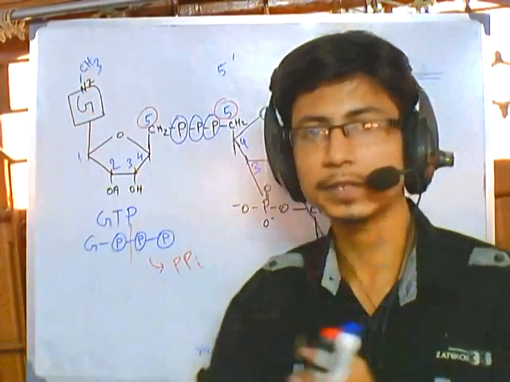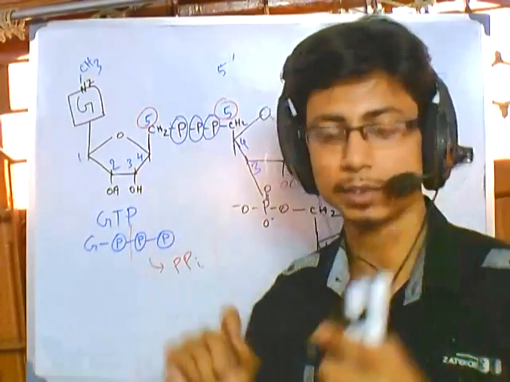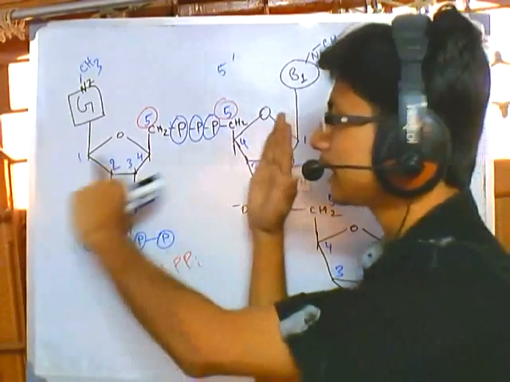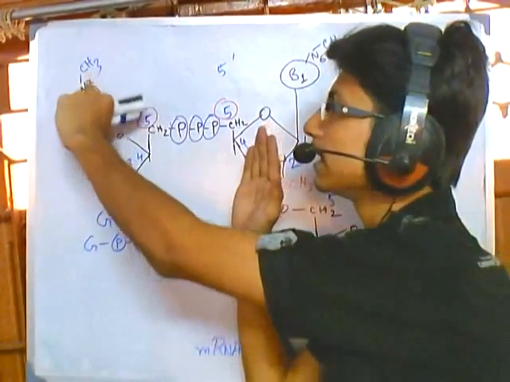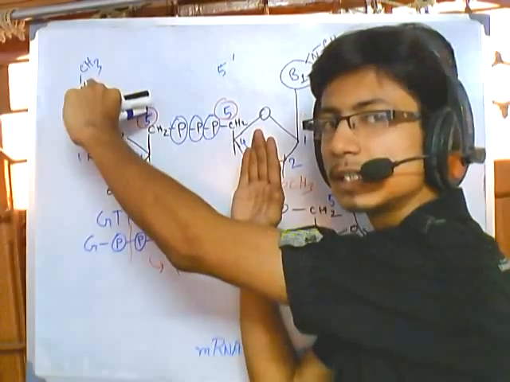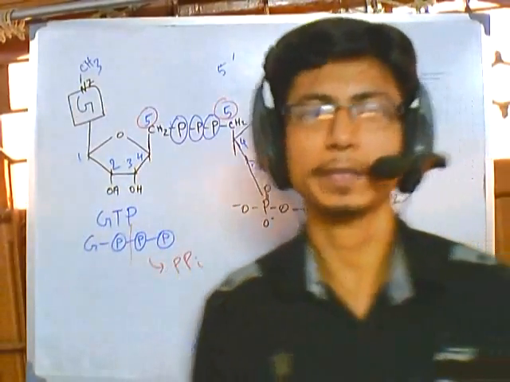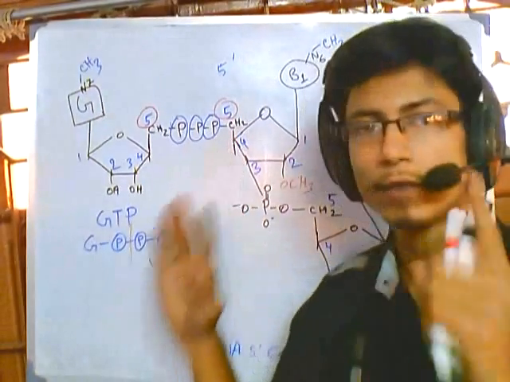So the nitrogen 7 of the guanosine is methylated. This is another modification. So along with the linkage between 5' ends with 3 phosphate groups, and then the N7 methylation, these two things together we call 5' capping.